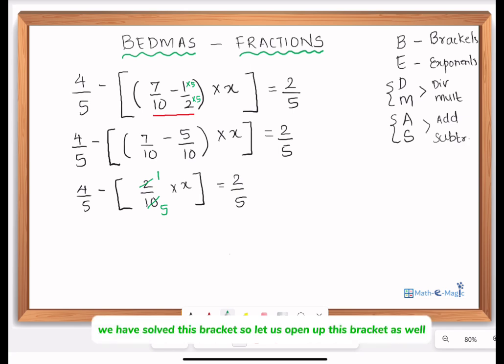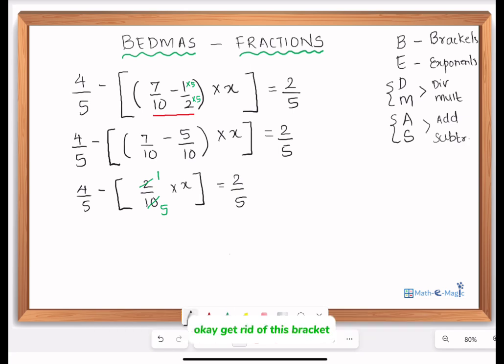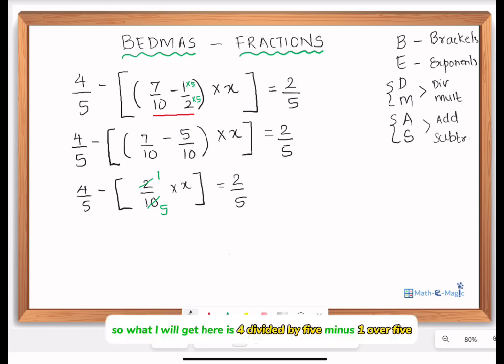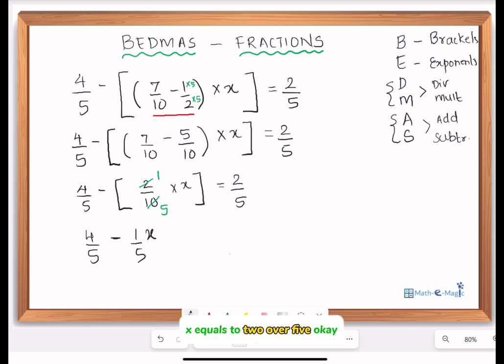So once we get this, we have solved this bracket. Let us open up this bracket as well, and get rid of it. So what I will get here is 4 over 5 minus 1 over 5 x equals 2 over 5.